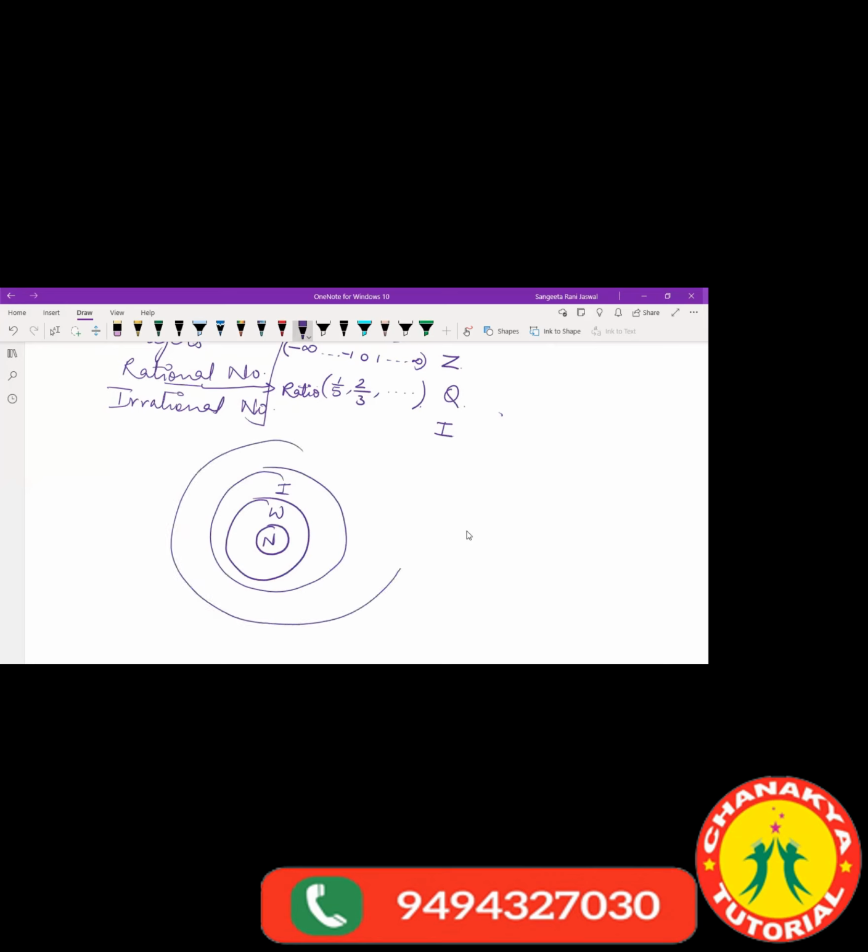And we have another set of numbers which is separate from these, called irrational numbers. Natural numbers are contained inside whole numbers, whole numbers are a part of integers, integers are a part of rational numbers, and irrational numbers are different from rational numbers. Understood this much? Thumbs up.